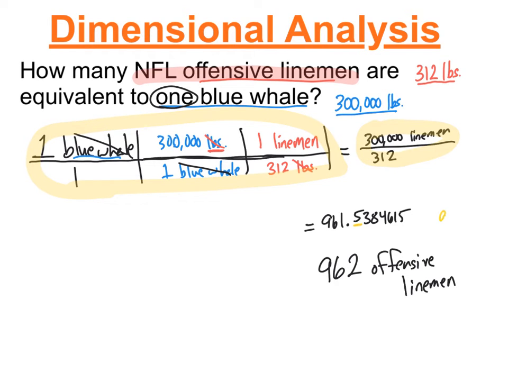If I had 961.3, I still need to round up to 962 because this 0.3 is more than the 1 value, so I have to have more than 961 offensive linemen, so that means I have to have 962. And we will talk more about this rounding when we're in class and throughout the year.